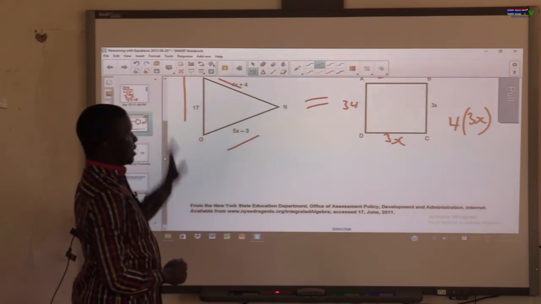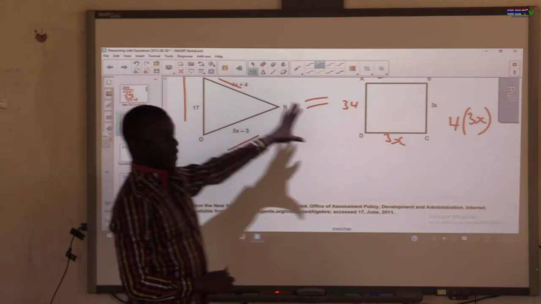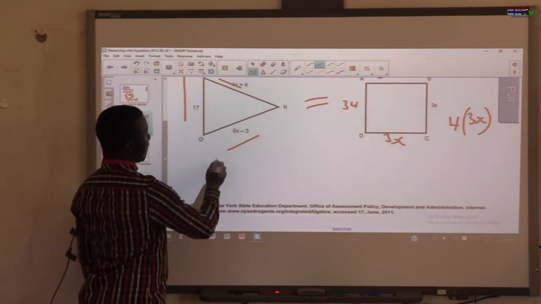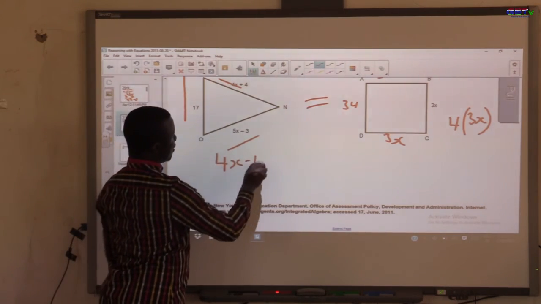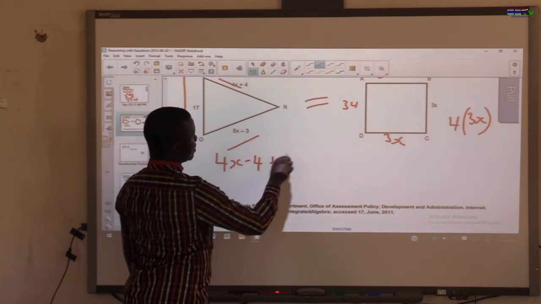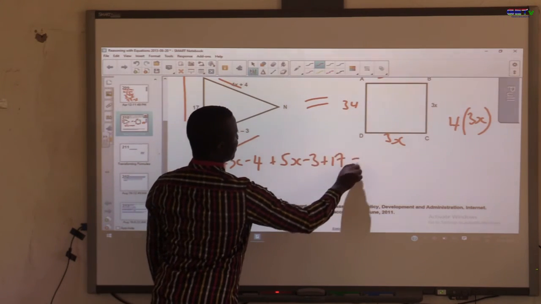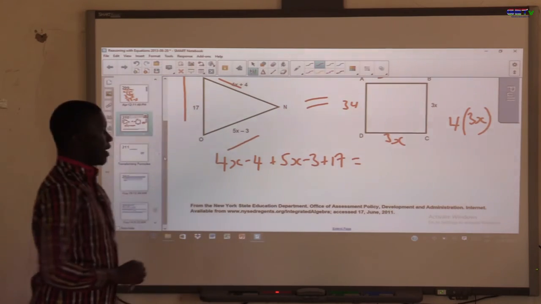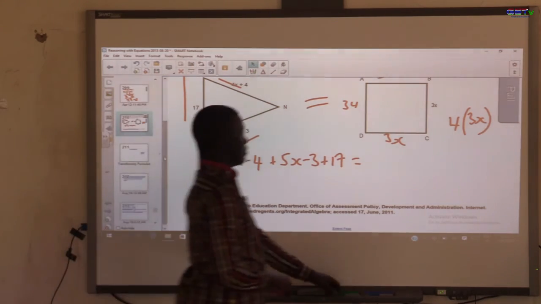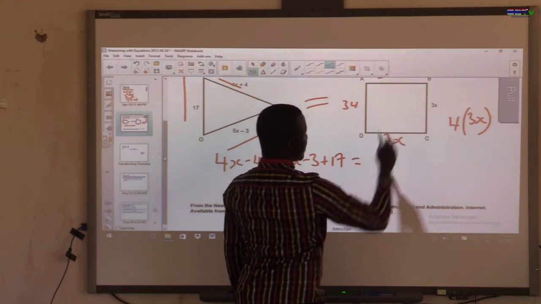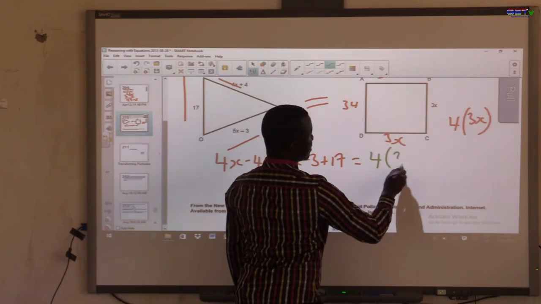So let's get our equation. If the perimeter of the triangle equals the perimeter of the square, with the three sides of the triangle we have 4x minus 4 plus 5x minus 3 plus 17, which is equal to 4 times 3x.